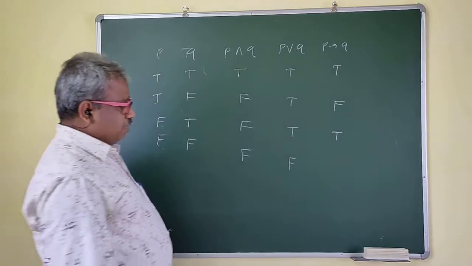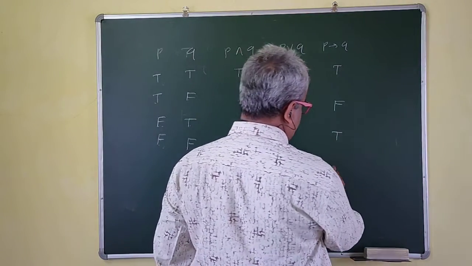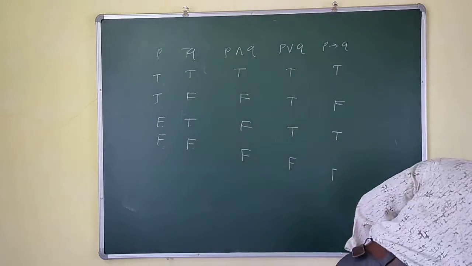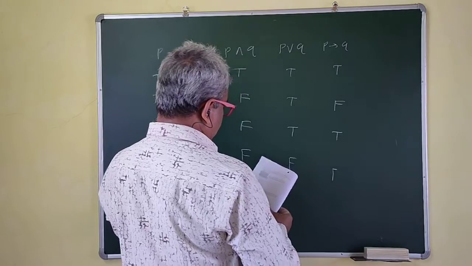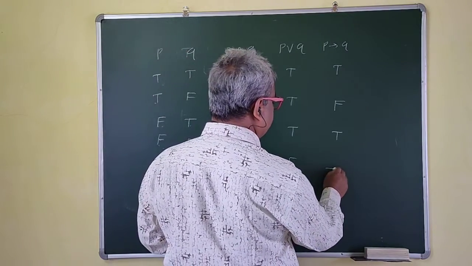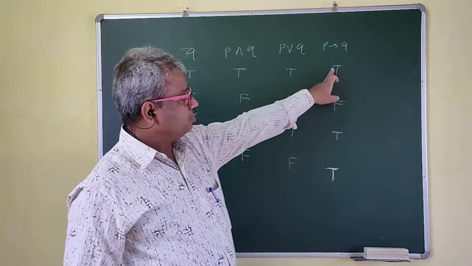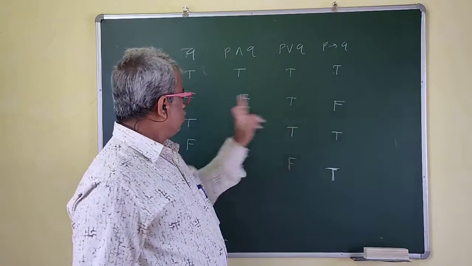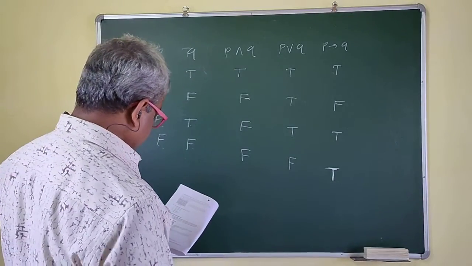F implies F, false implies false, that must be true. This is true only. Right? Now see here, arrow goes to T, arrow goes to F, arrow goes to T. F implies F is T now.